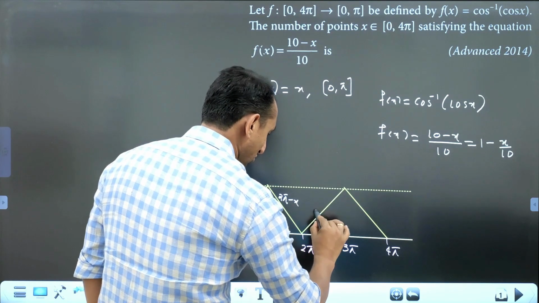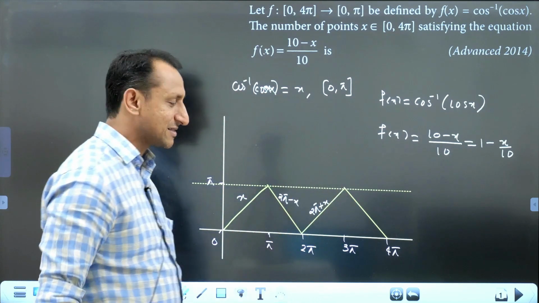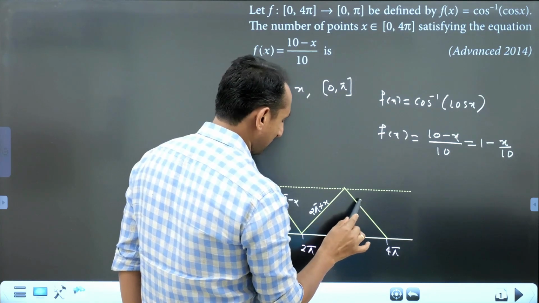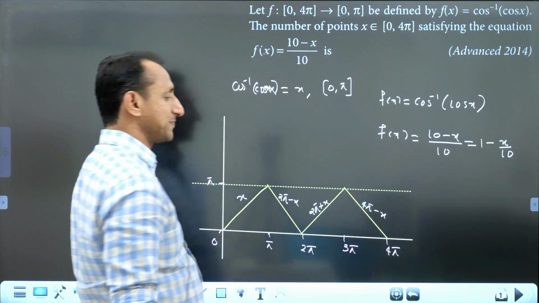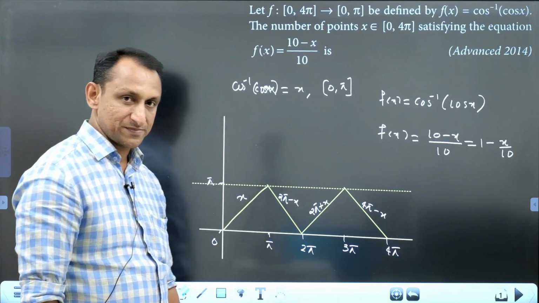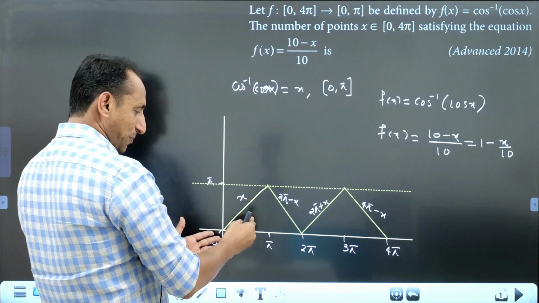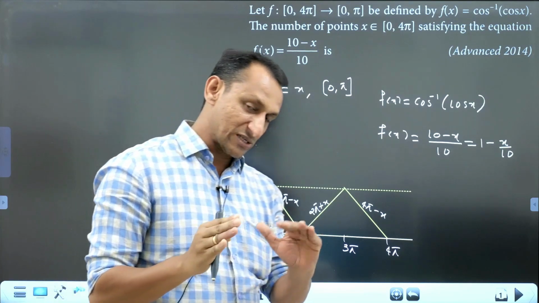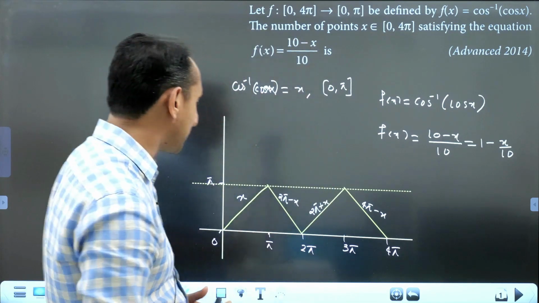It is x minus 2 pi. 3 pi to 4 pi, it becomes 4 pi minus x. I just explain how I write this. This is of the form from 0 to pi cos inverse of cos x is x. We know that. In the case of sin inverse, it is from minus pi by 2 to pi by 2.